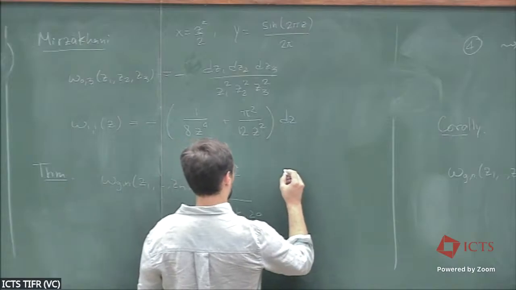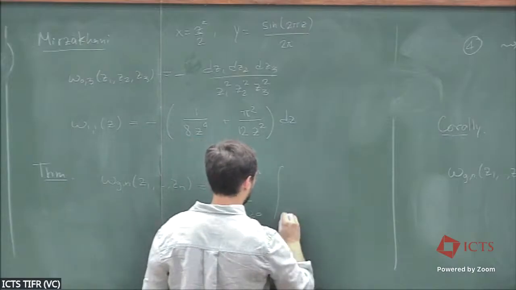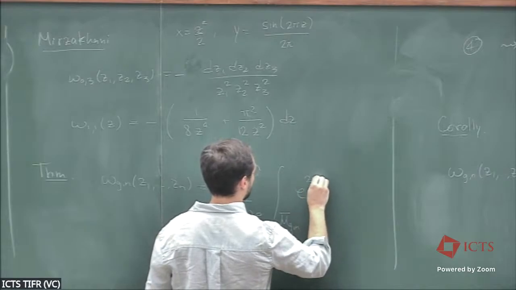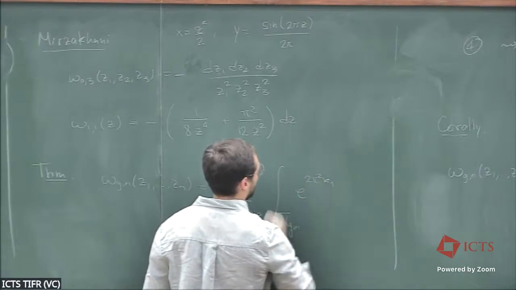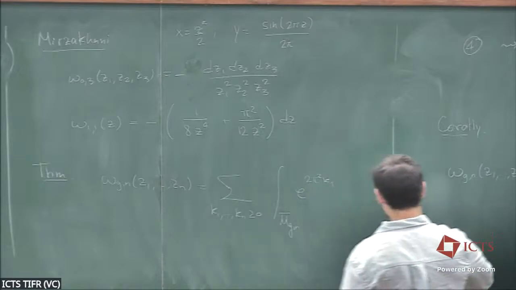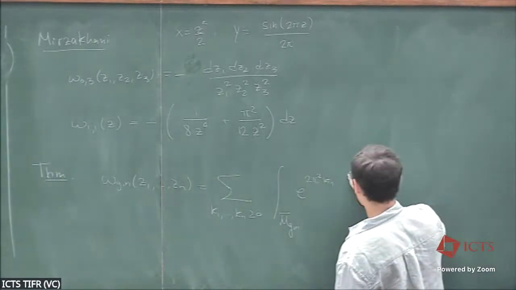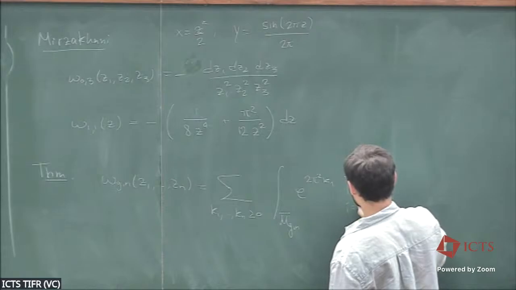And here you have an integral over mg n bar of exponential of 2 pi squared kappa 1. So this is the kappa class that you saw in Drew's talk, times the same expression with the psi classes.